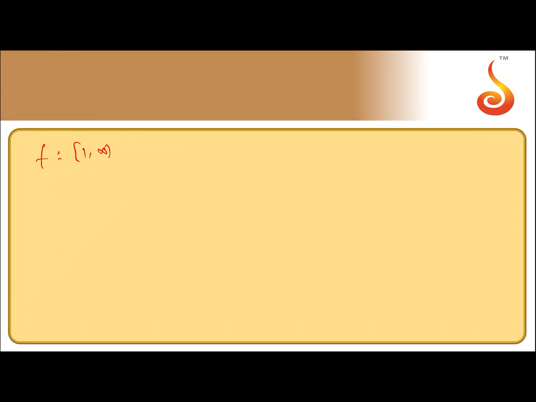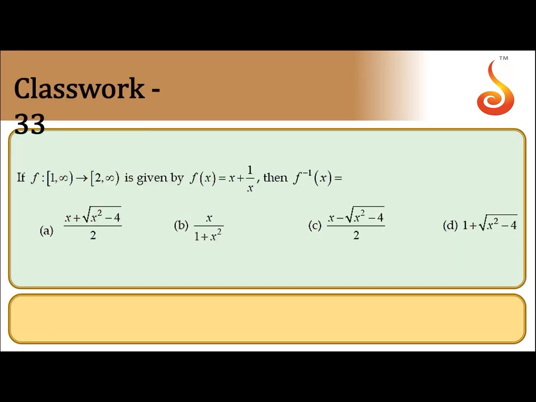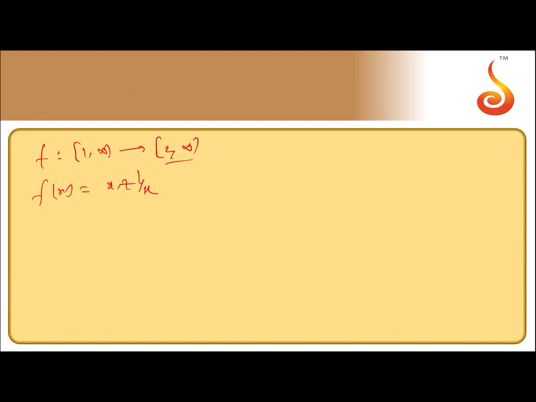The minimum value of this is equal to 2, exactly satisfying the condition. Now you proceed with the inverse. To calculate, let me equate it to y, so that x square plus 1 is equal to xy.